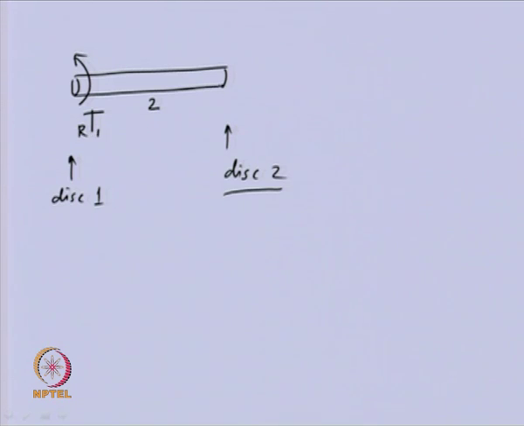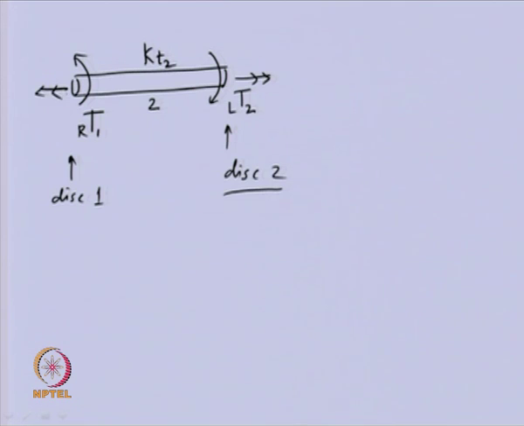Here we will have the torque representation as left of disk 2, because this particular end of the shaft is attached to the disk at the left. So, we will represent this particular torque as left of disk 2. We have torsional stiffness of the shaft, let us say KT2, and vectorially we can represent this torque as this one, and this torque, obviously they should be equal and opposite.